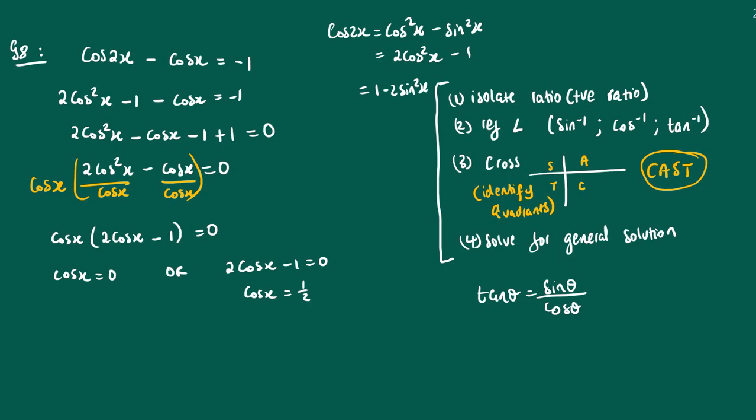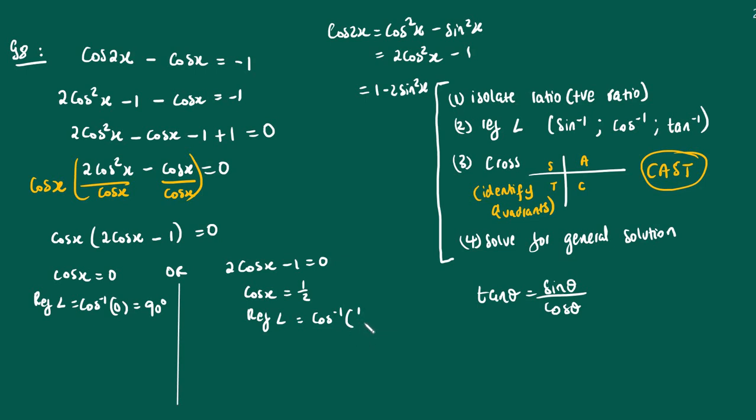Now that you have this, just separate them. Find the reference angle this side. The reference angle of this is going to be 90 degrees, and then the reference angle this side, cos inverse of half, I think it should be 60 degrees.